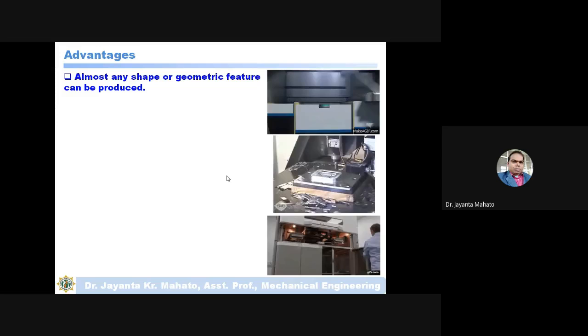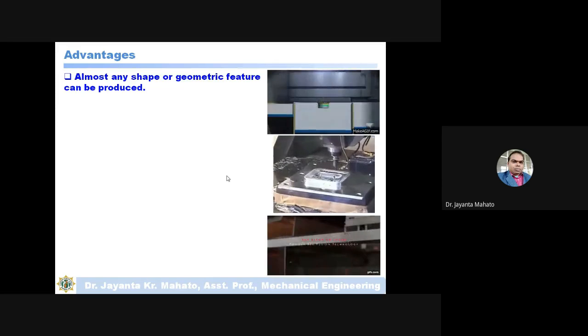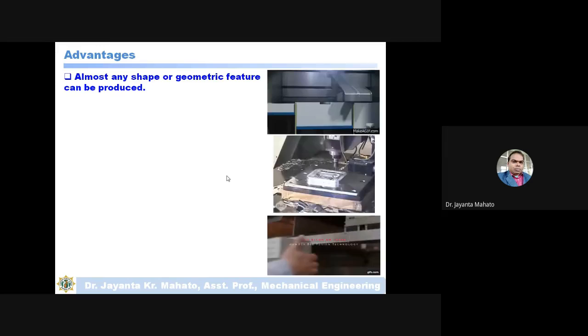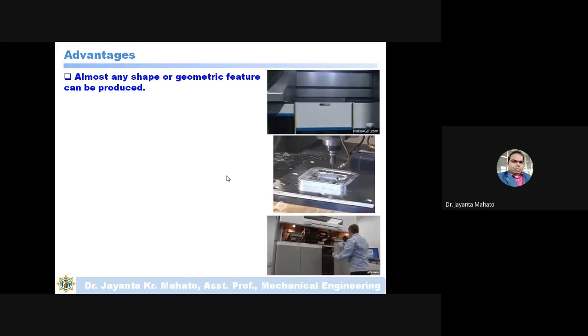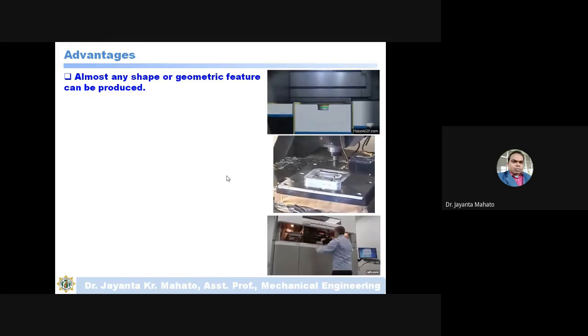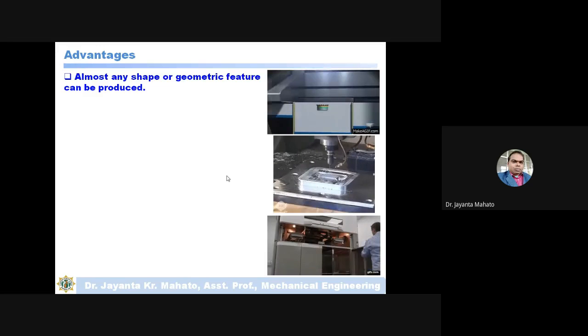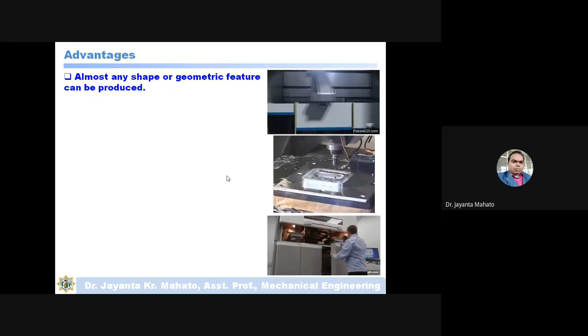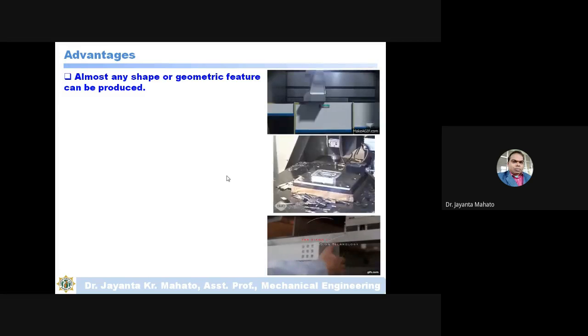Means whatever the complex shapes, whatever complex geometry products have to be manufactured, this manufacturing process is suitable for manufacturing all complex geometry products.